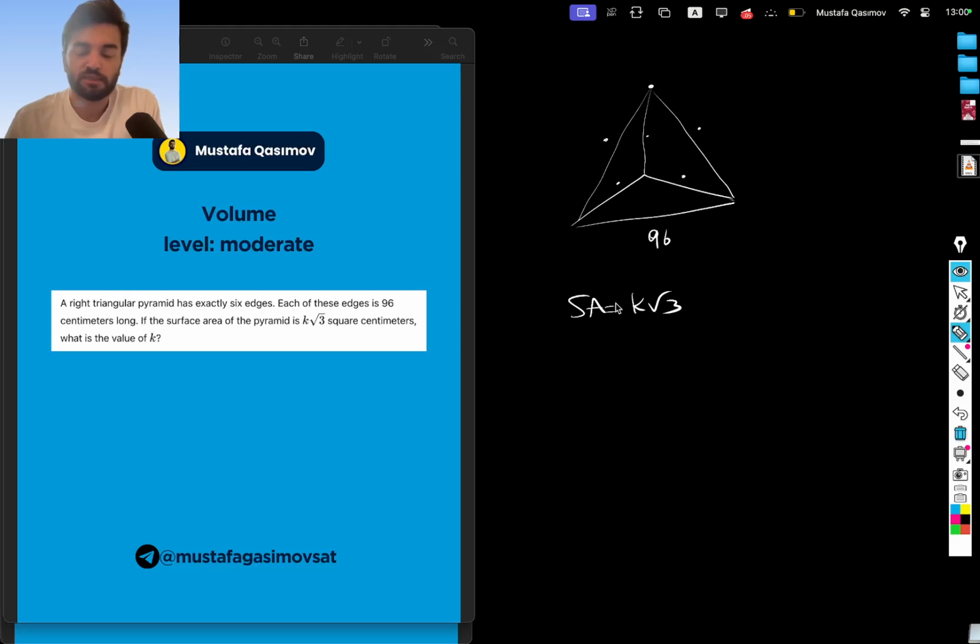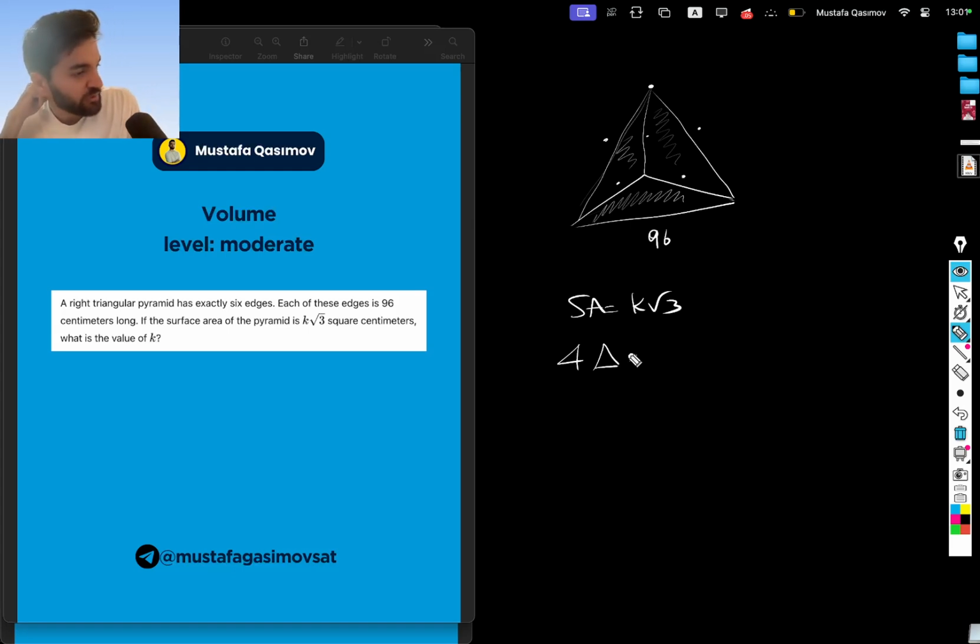Okay, what's the surface area of this pyramid? We can see that we have one triangle, another triangle, another triangle, and this triangle. So we have 4 triangles here. So surface area is equal to 4 triangles. But each triangle is an equilateral triangle, and each side is equal to 96.